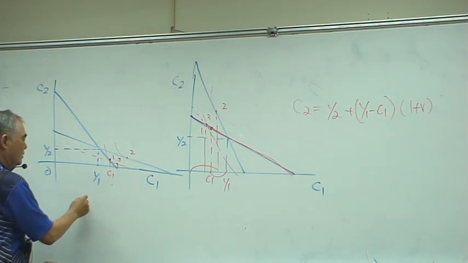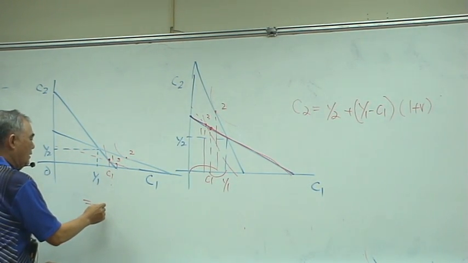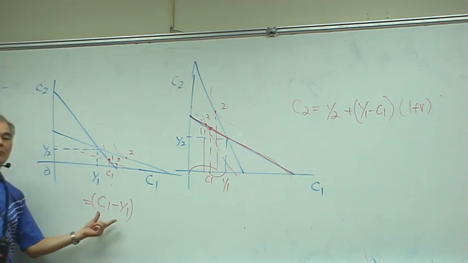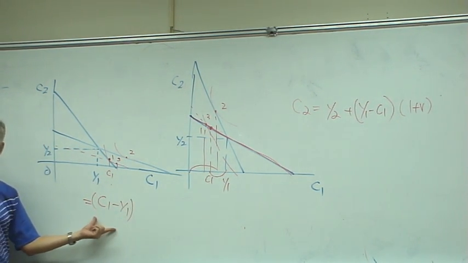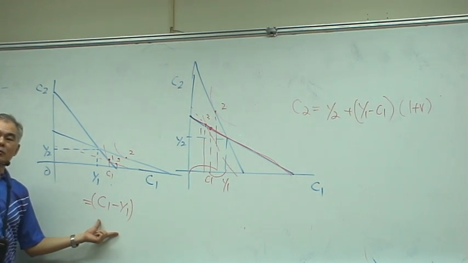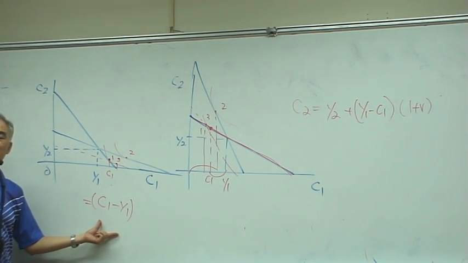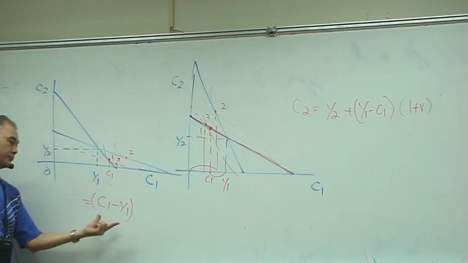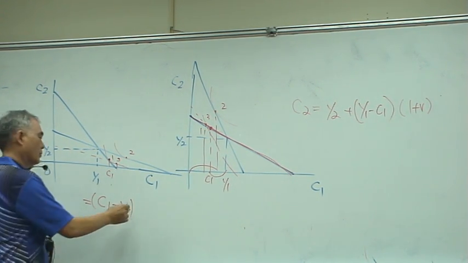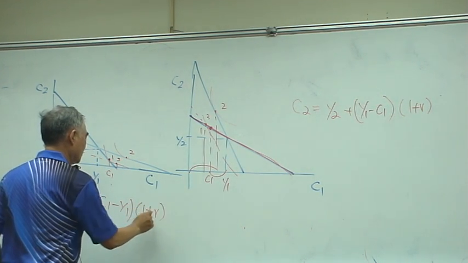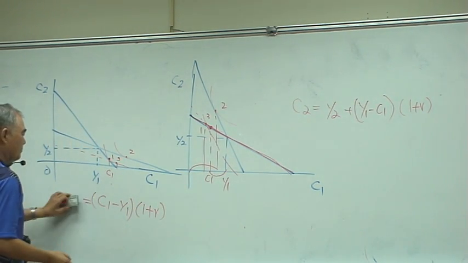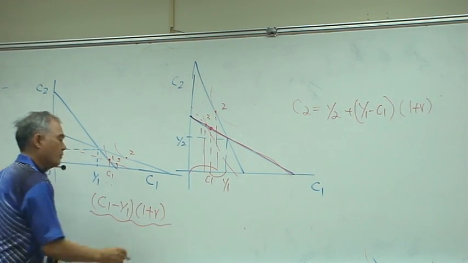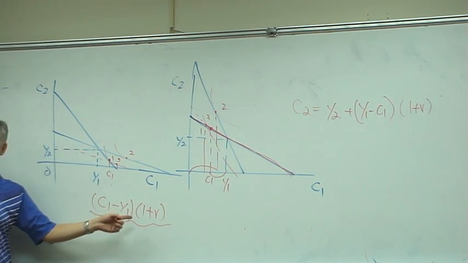And so C1 minus Y1. This is the amount he borrows. But you know that when you pay back the money, you have to pay back not just the principal, but also the interest payment. So it will be 1 plus R. Sorry, I should have put it this way. This is the amount you have to pay back, right?